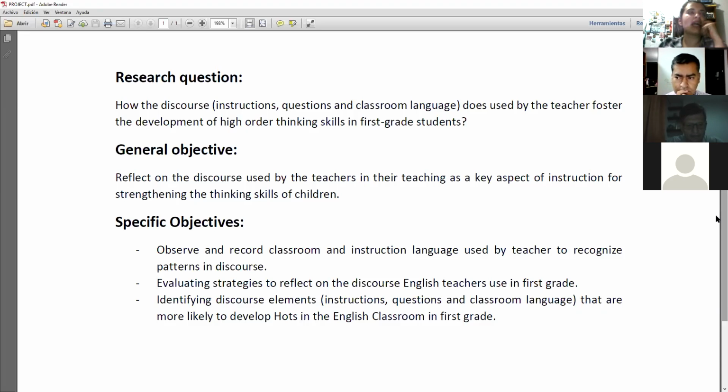Let me think. Or maybe how does teacher discourse correlate with higher thinking skills development in first grade students? Correlates.